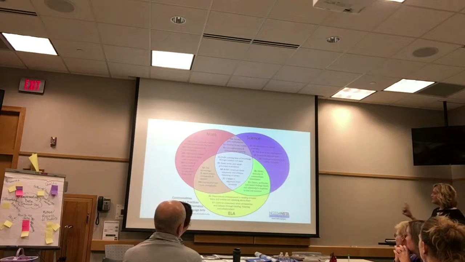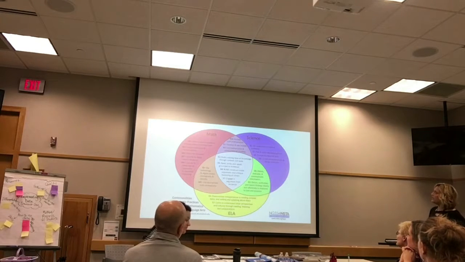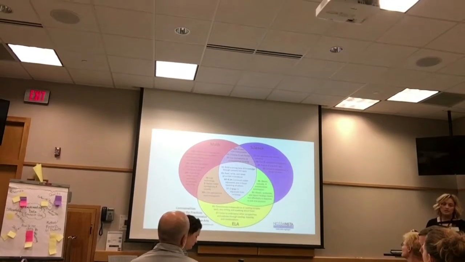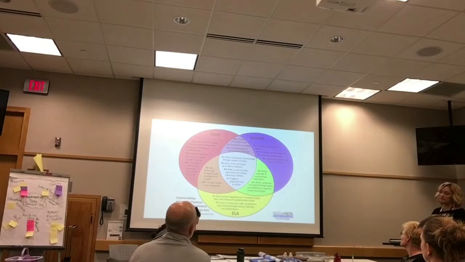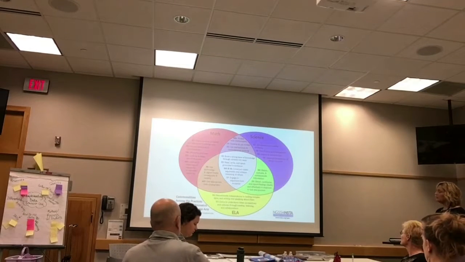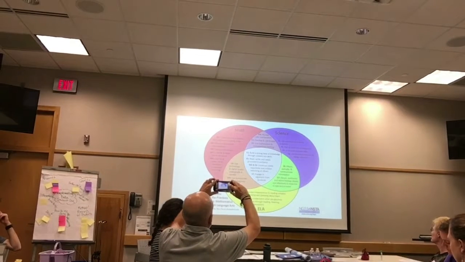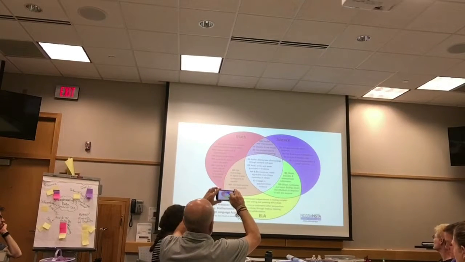Okay, if you haven't seen this before, this is the famous Venn diagram that links all of the math, science, and ELA standards together in one beautiful little diagram. What this does is show you where things overlap. So if you're doing one, you're doing another.